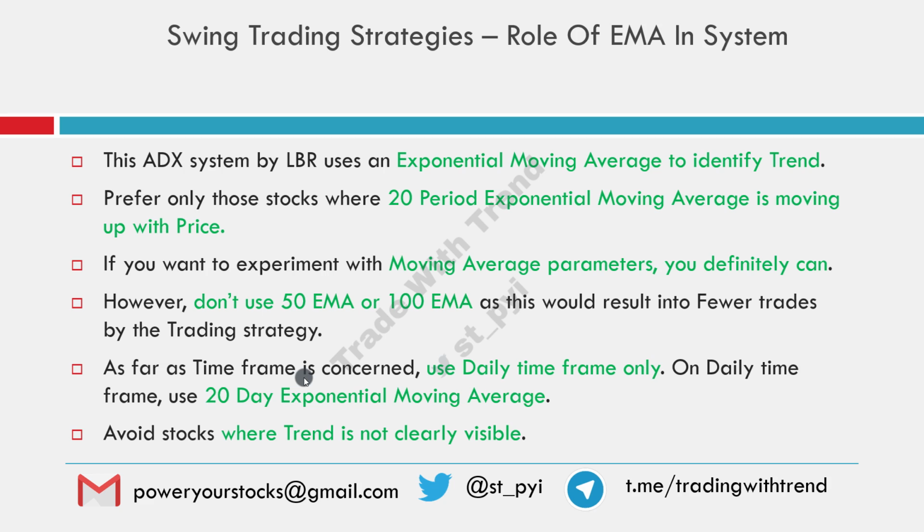Now as a golden rule, I would suggest that you avoid stocks where the trend is not clearly visible. This would include those stocks that are clearly in a well-defined range. So the best time to trade this strategy is when a stock is breaking out into a trend after a period of consolidation. I'll come to this part again towards the end of this video.